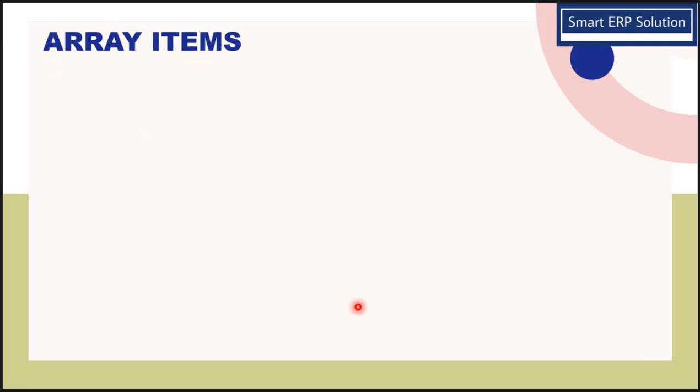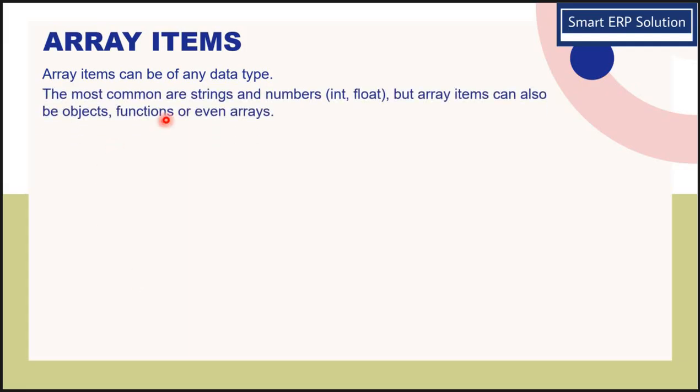Array items. Array items can be of any data type. The most common are strings and numbers. Numbers can be either integer or float. But array items can also be objects, functions, or even arrays.